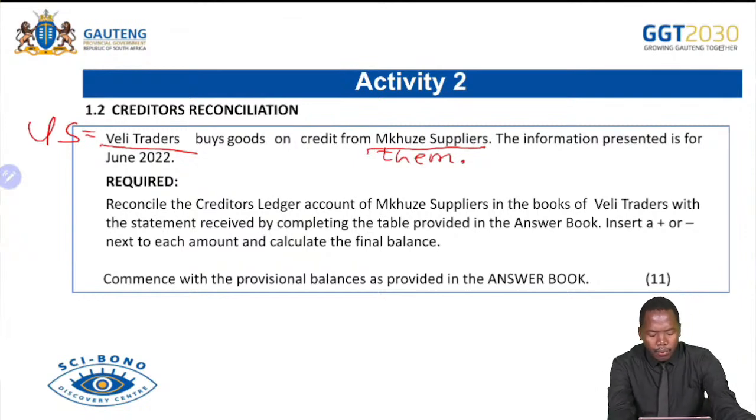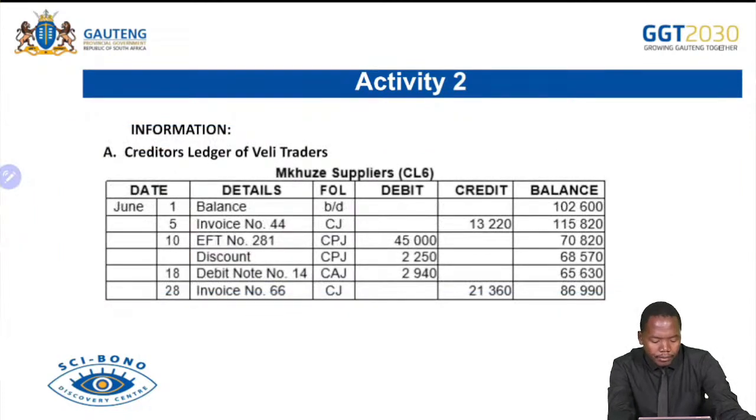Now, what we need to do here is to commence with the provisional balances. That is for 11 marks. This is the creditor's ledger given to you. You can look at it for a few seconds.